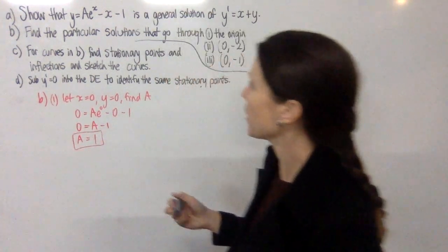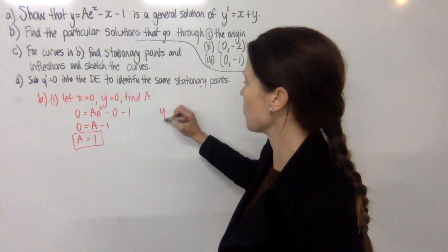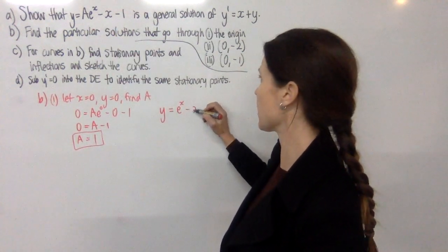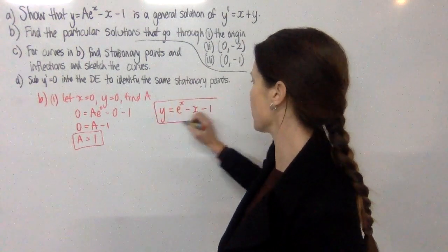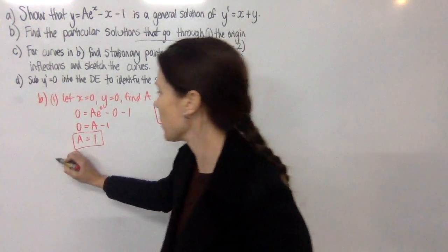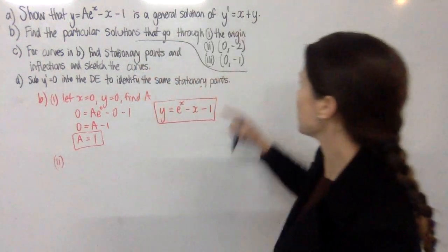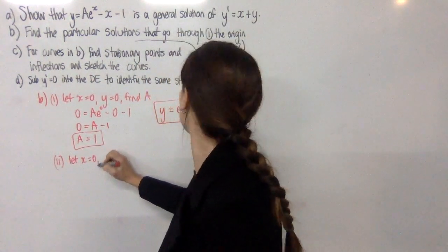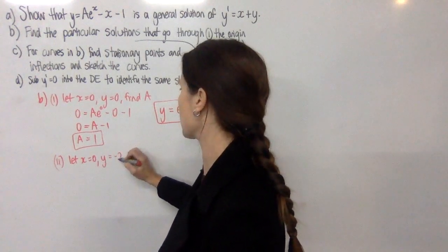Now, what will that give us? Well, that will give us the curve y equals e to the x minus 1. So that's our solution.